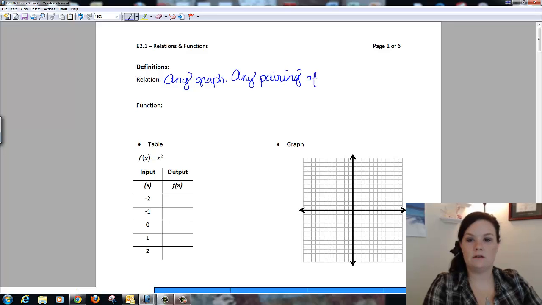Any pairing of inputs and outputs, okay?